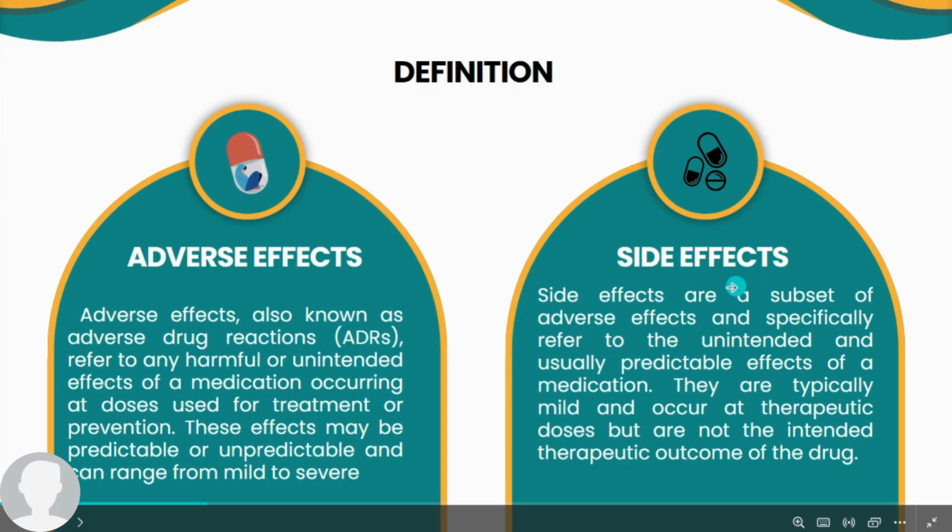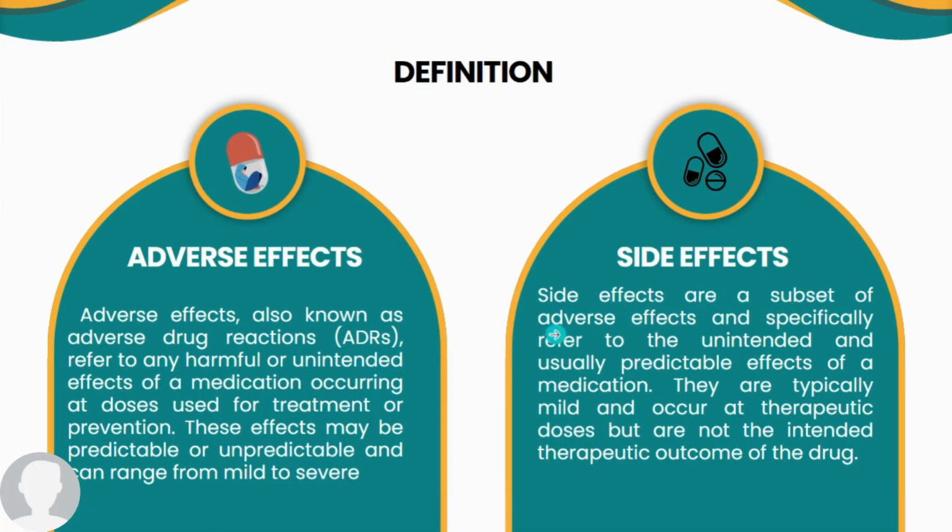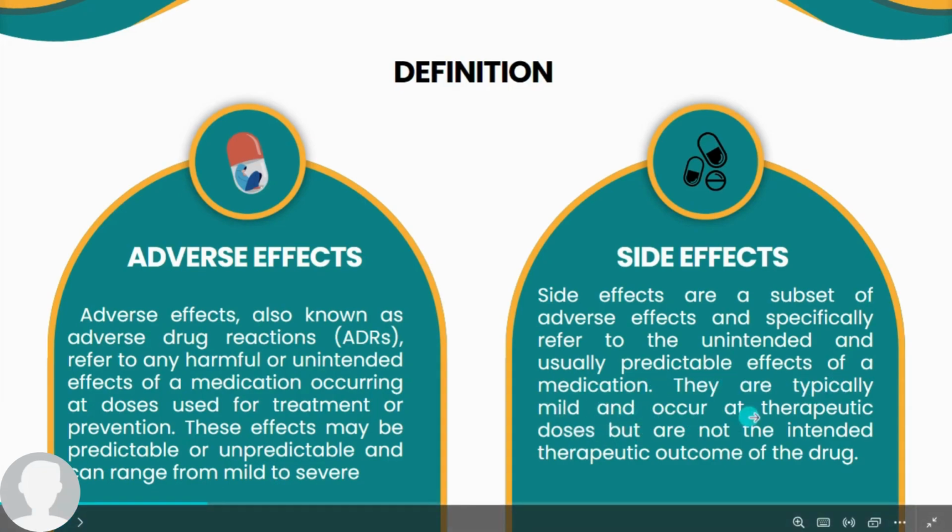While side effects are a subset of adverse effects and specifically refer to the unintended and usually predictable effect of a medication. They are typically mild and occur at a therapeutic dose but are not the intended therapeutic outcome of the drug. So, adverse effect is a broader term.